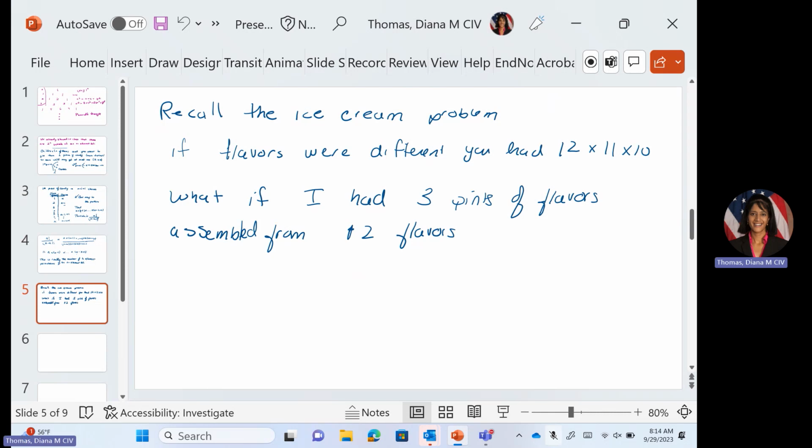Like here, chocolate, vanilla, strawberry is the same as strawberry, chocolate, vanilla. So if you just took 12 times 11 times 10, you're going to have too many. You're going to be double counting things. You'll be counting chocolate, vanilla, strawberry as something different than strawberry, chocolate, vanilla. So you don't want that. Does that make sense?